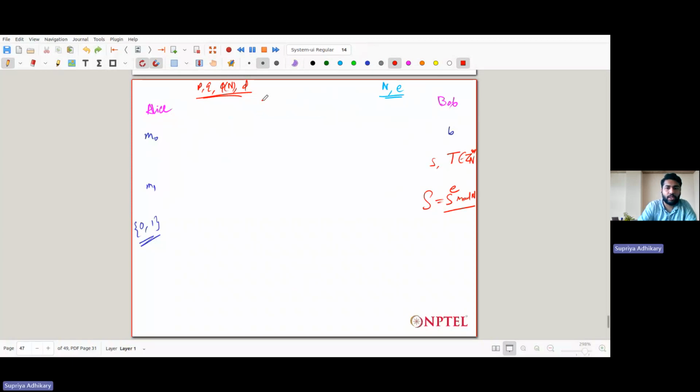Now Bob would either send S and T as the message, or T and S. If b is equal to 0, then Bob would send this, and if b is equal to 1, then Bob would first send T, and then S. Call these C0 and C1.